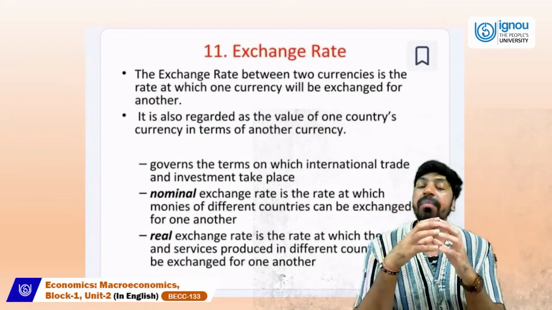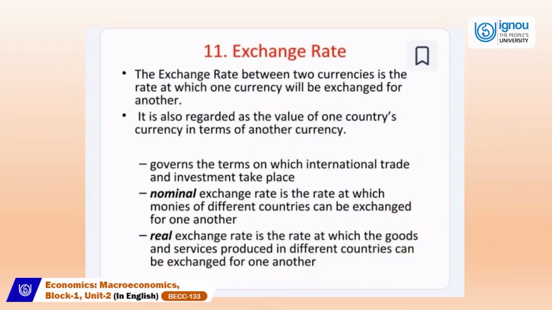That is called the nominal exchange rate, because when we talk about the exchange rate, we always refer to a very specific term called international trade. And when we talk about international trade, global investment will always take place under this concept called exchange rate. A nominal exchange rate refers to a rate where the monies of different currencies can be exchanged for one another.